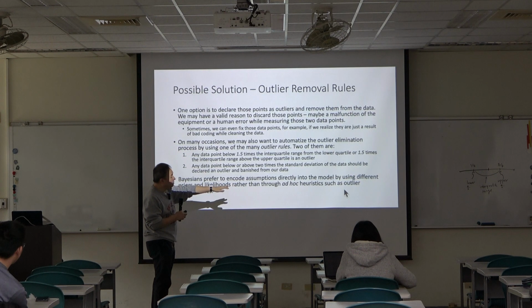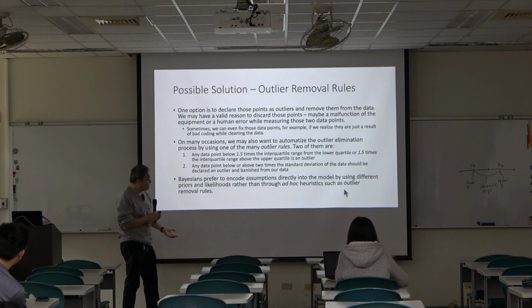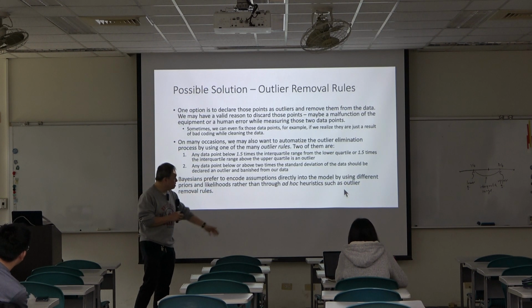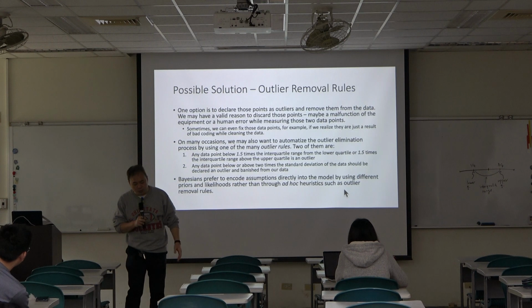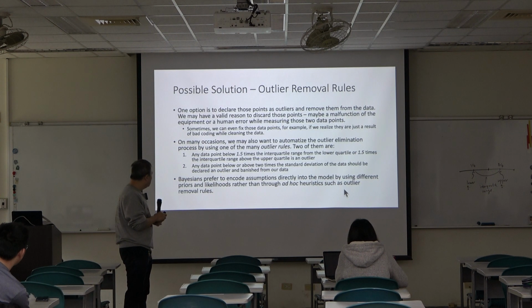What do we mean by that? We can use different priors and likelihood to take care of the outliers. Instead of using those heuristic rules to get rid of them, we can take care of outliers by using a different prior or likelihood.